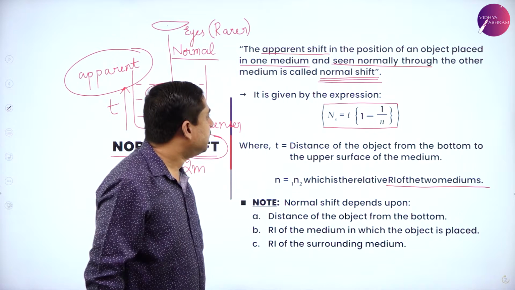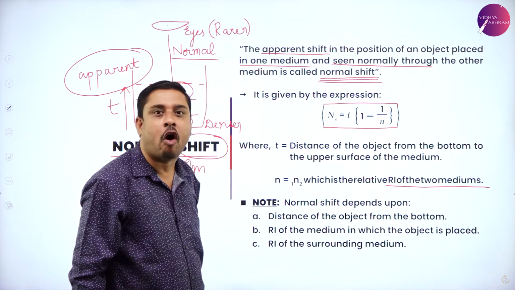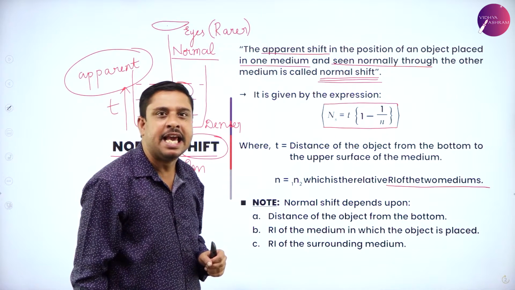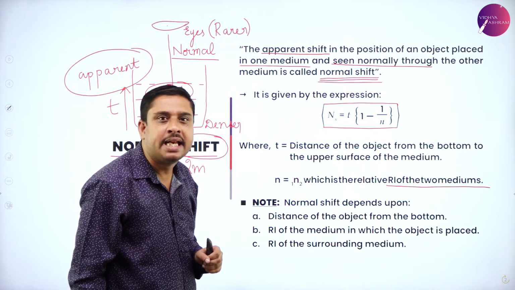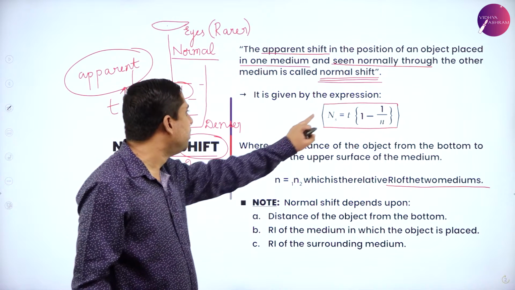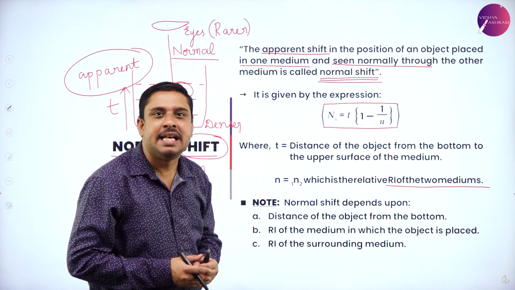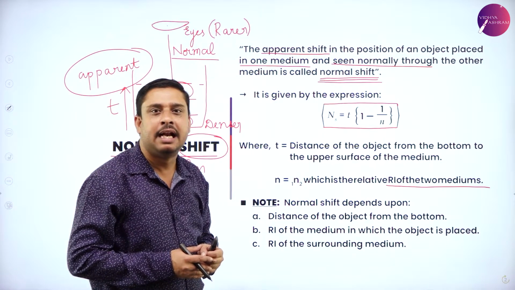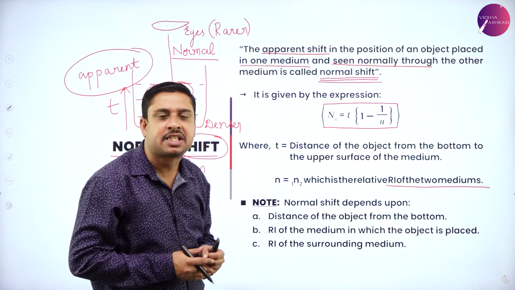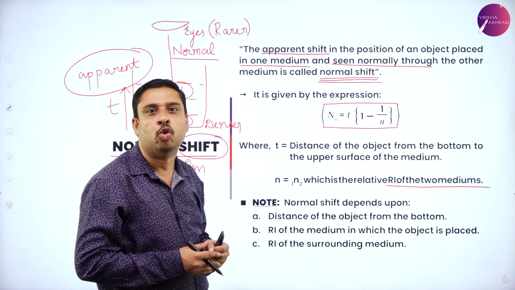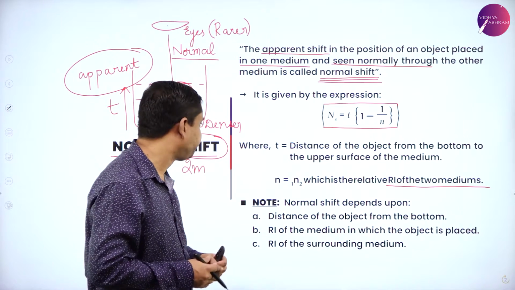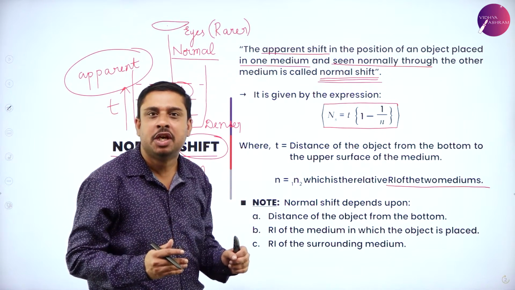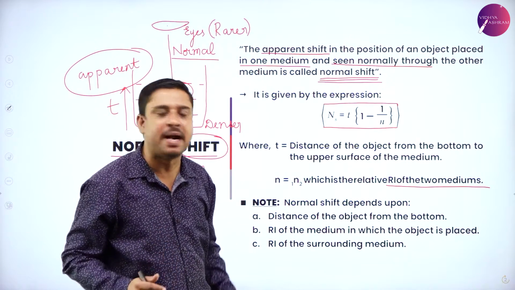So, the expression for normal shift is NS equals T(1 minus 1 by N), where T is that apparent shift, and N is the relative refractive index of the two mediums. Now, what are the factors on which normal shift depends?